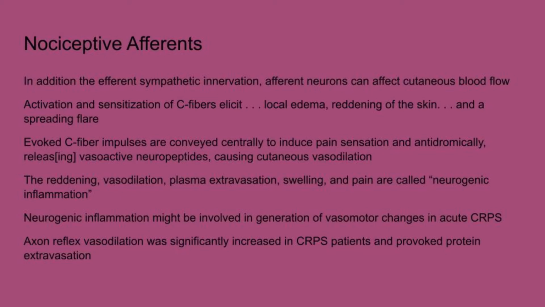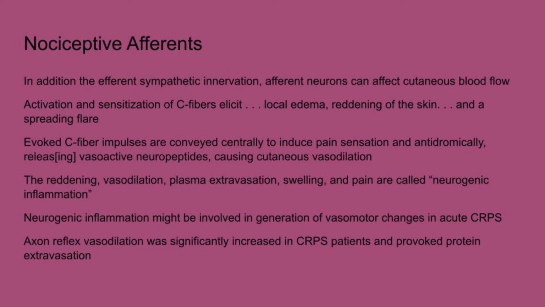The reddening, vasodilation, plasma extravasation, which is outside of the blood vessels, swelling, and pain are called neurogenic inflammation. Neurogenic inflammation might be involved in the generation of vasomotor changes in acute CRPS.